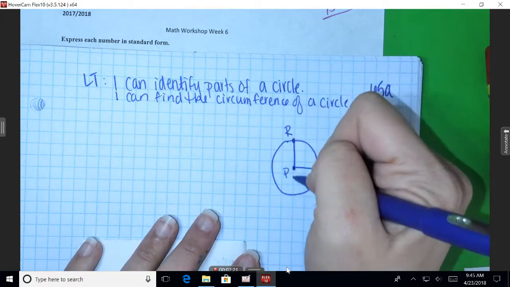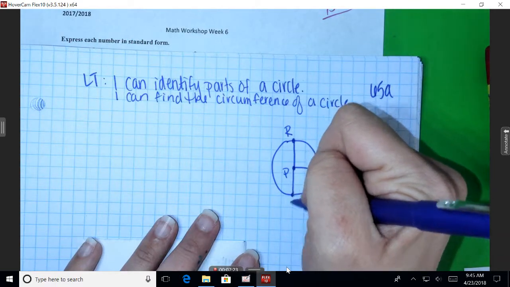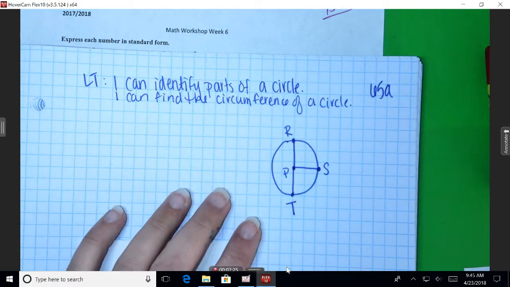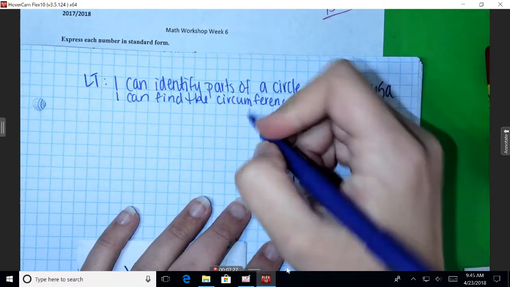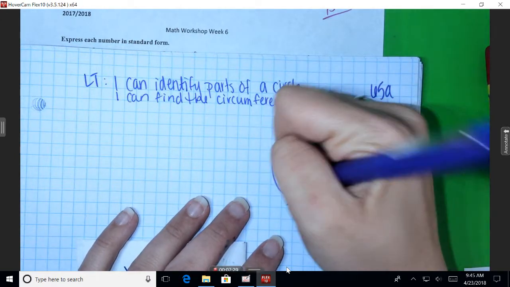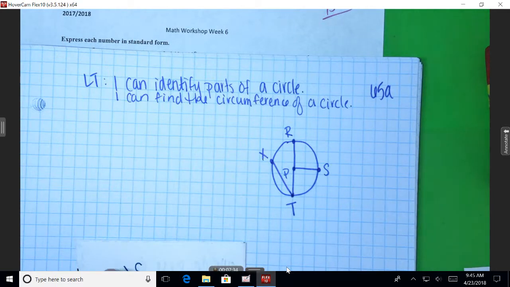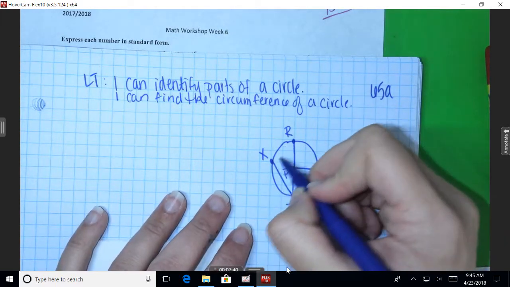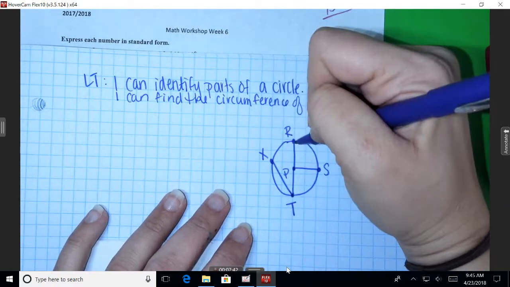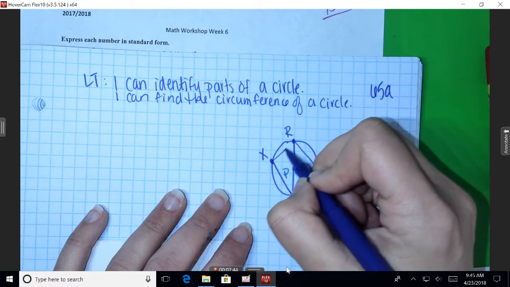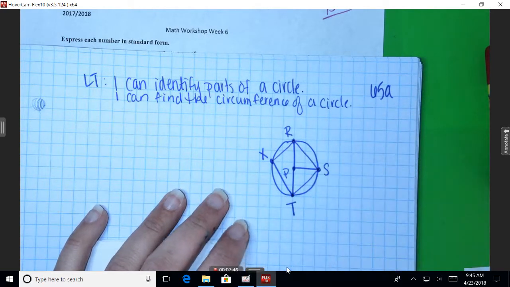All right, if I wanted you to name a diameter, RT. If I wanted you to name a chord, where else could I draw a chord? RS, yeah. XR. GS. Cool.